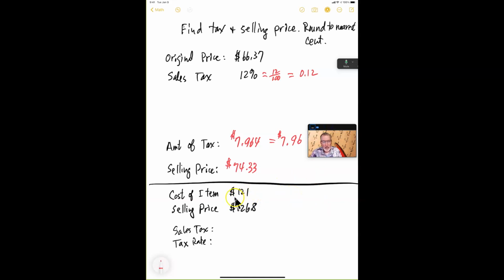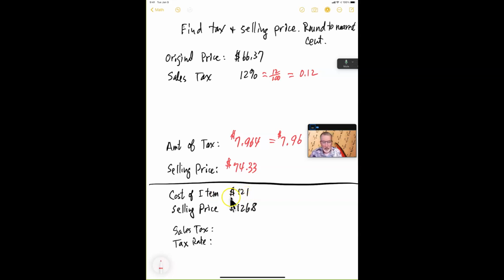The cost of the item is $121. The selling price is $126.80. So what we have to do to find out the sales tax amount is subtract the cost from the selling price, right? And this is actually the original price.